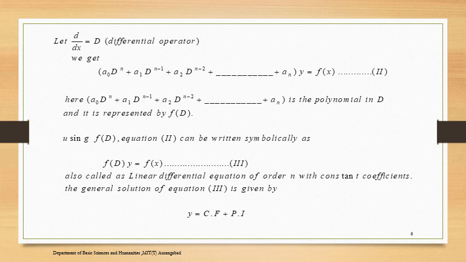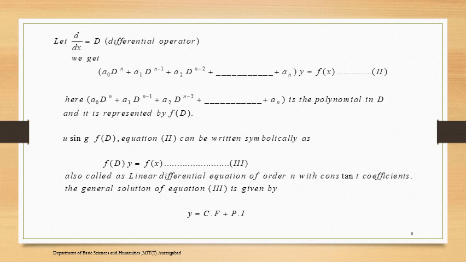Here this bracket a0 D raised to n plus a1 D raised to n minus 1 plus a2 D raised to n minus 2 plus and so on an is the polynomial in D and it is represented by f of D. Using f of D, equation 2 can be written symbolically as f of D y is equal to f of x, called equation 3.